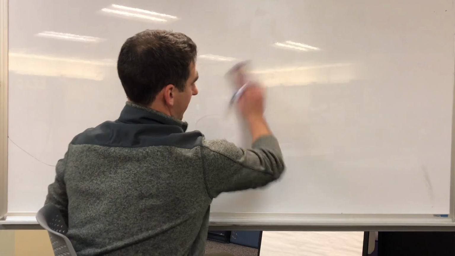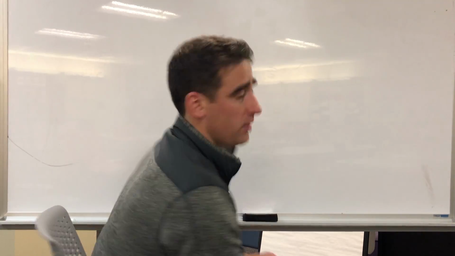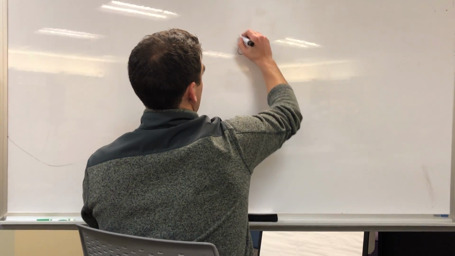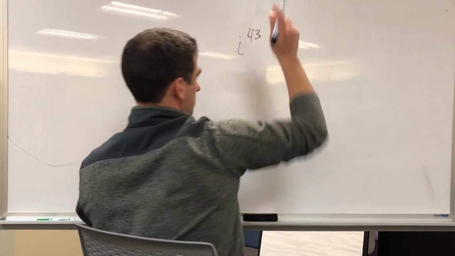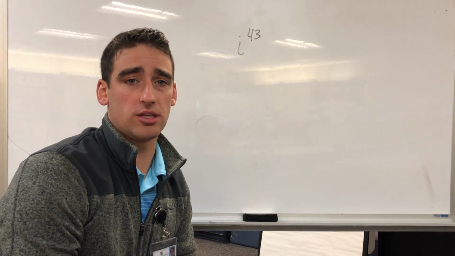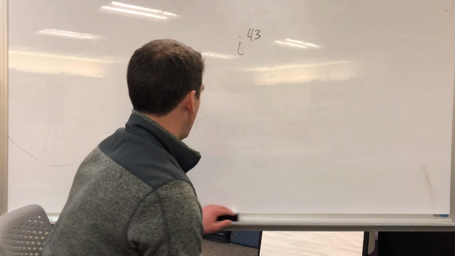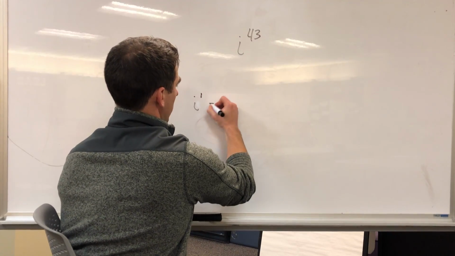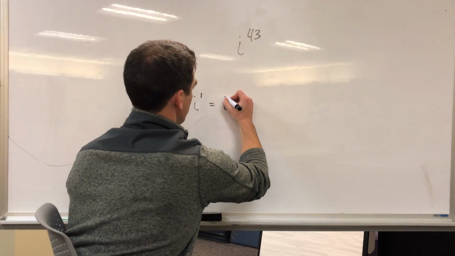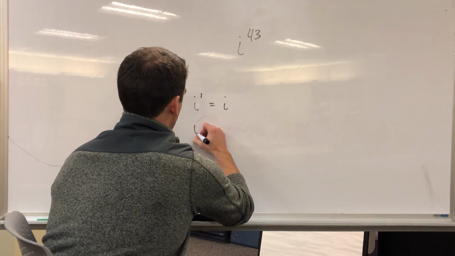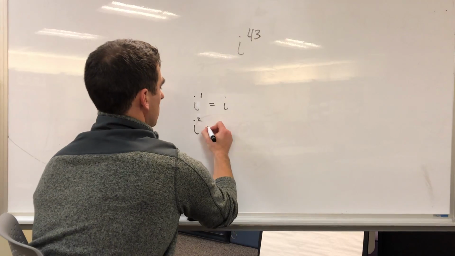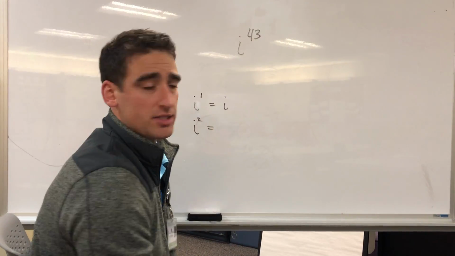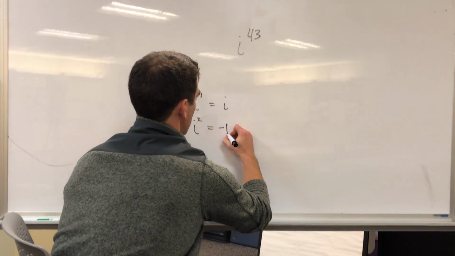Okay, finally, there's this weird thing where they're going to give you stuff like i to the 43rd power or something like that. So here's what I want you to recognize, okay? i to the first power is just i, all right? i squared, remember that we said every single time you see i squared, we change it to a negative 1.